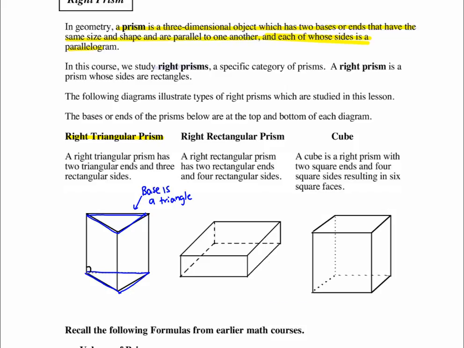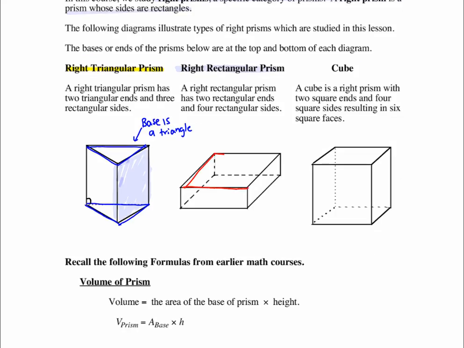So a right prism is a prism whose sides are rectangular. So instead of parallelograms, these sides here are rectangles. That's what makes it right. They're not slanty, like I drew before. Okay, good times? Right rectangular prism, why is it called a rectangular prism?